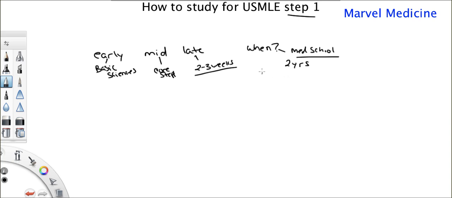Okay, learn the material the first time. Now, what I mean by that is, when you review something in physiology, you review the cardiac action potentials, the SA node and the ventricular action potentials, for example.